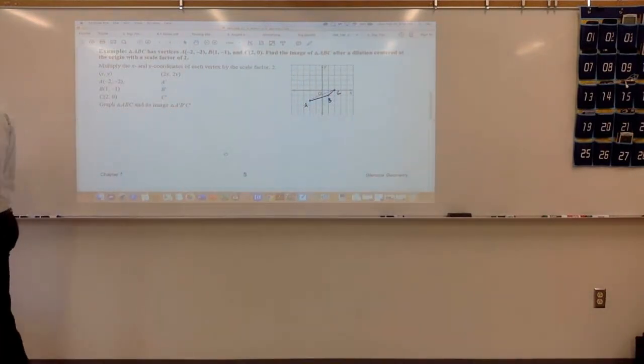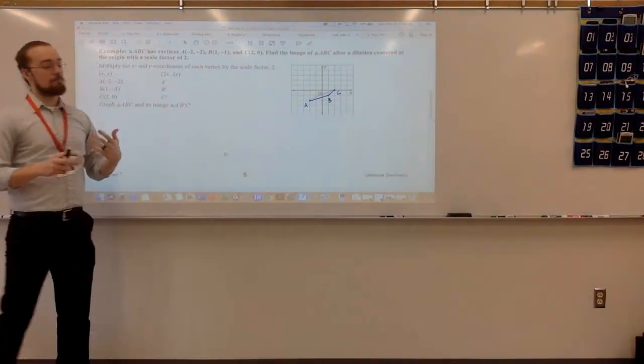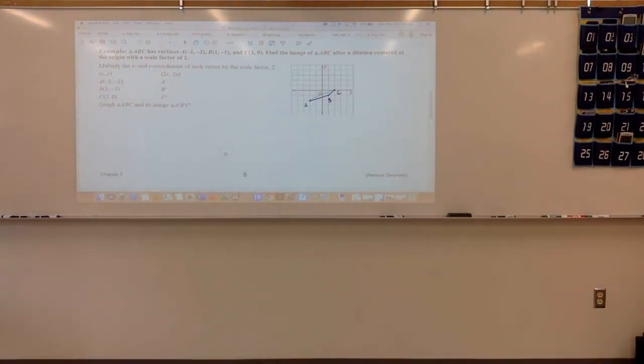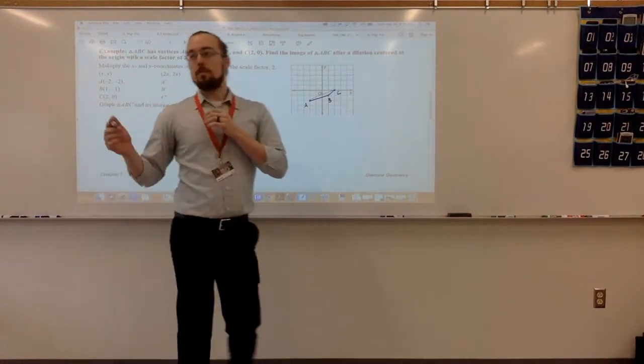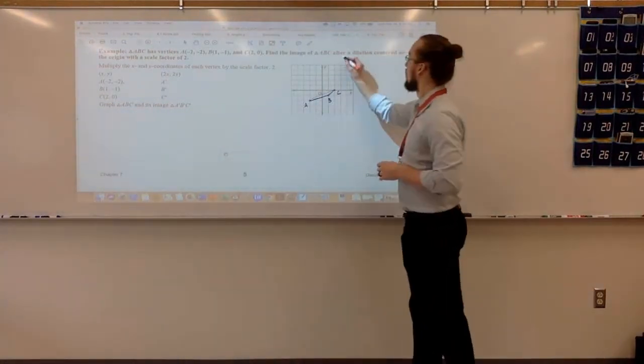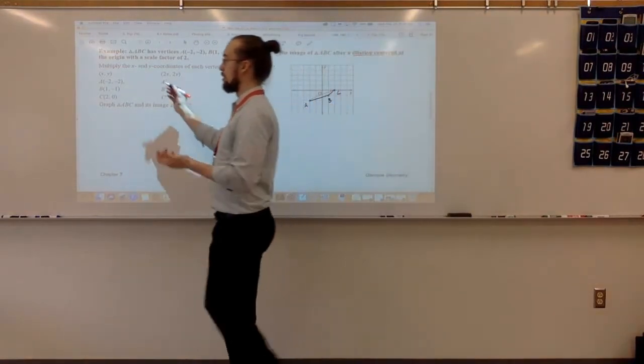So now, I want to take this triangle and enlarge it by a factor of 2. Okay? Now, they tell me that my dilation is centered at the origin.